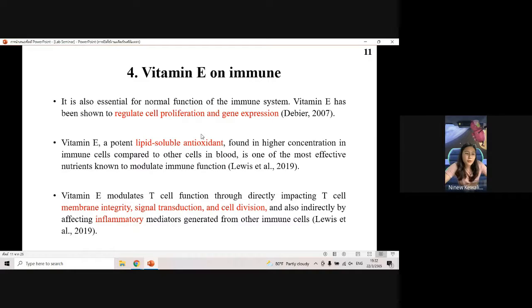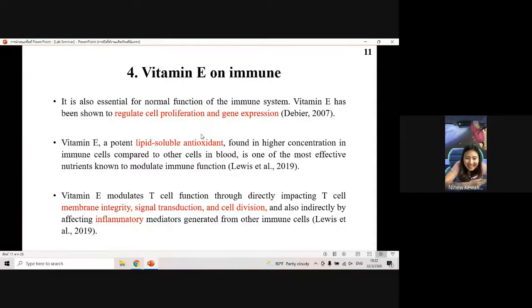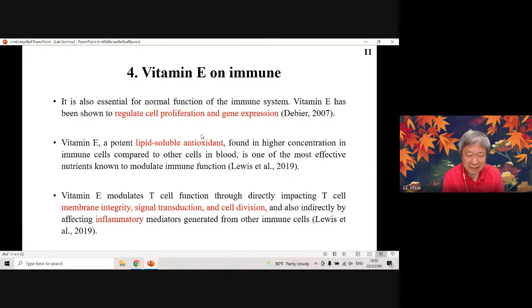But at parity 10, we can cull because it's too old. But that depends on the sow and the farm, I think. If we use vitamin E, I think it can help with this. Okay, thank you. I'm not sure. I don't think you understood, sorry, because I cannot understand either.